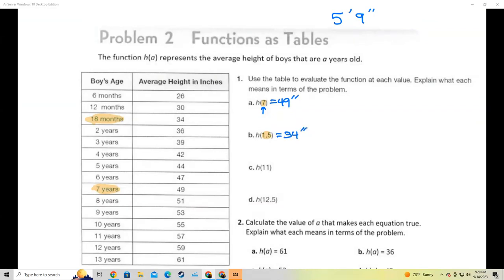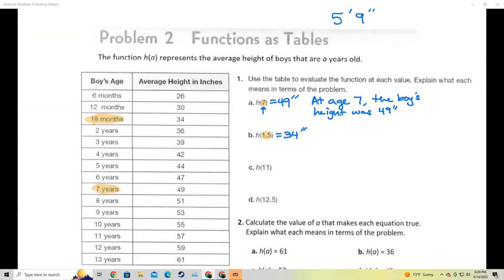I just realized that I did not write the sentence for the last one, so let me go ahead and do that right now. What should my sentence be for letter A? It should say something along the lines of, at age 7, the boy's height was 49 inches.